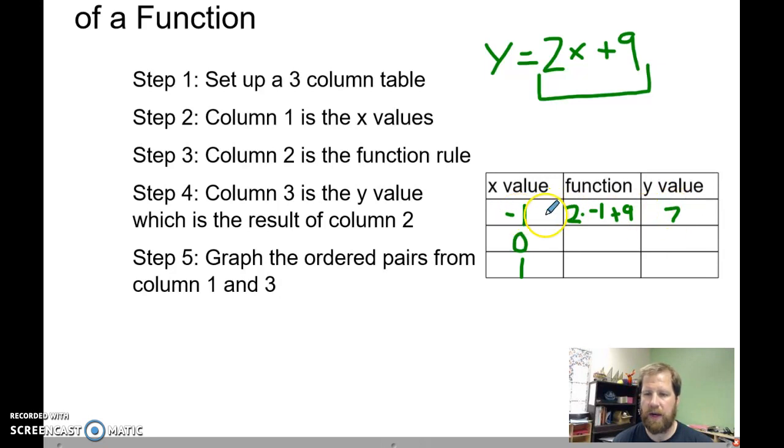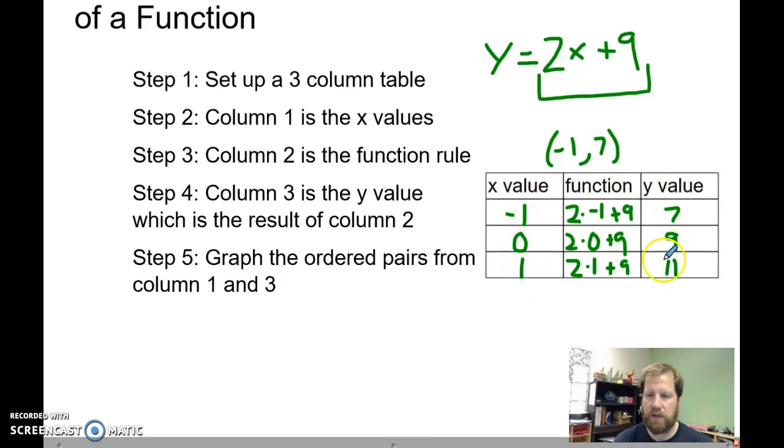And so my ordered pair here would be -1, 7. And that's one of the solutions to this equation. All right, do the next one. I have 2 times 0 plus 9. 2 times 0 is 0, plus 9 is 9. And 2 times 1 plus 9, which is 2 plus 9, or 11.